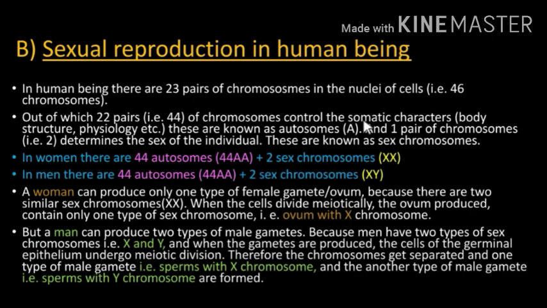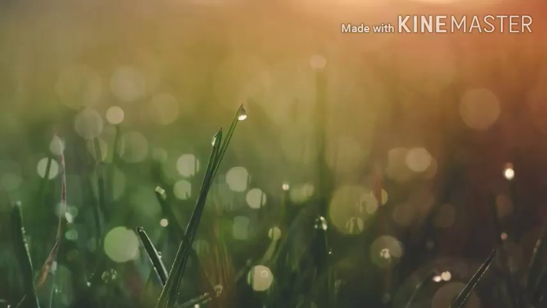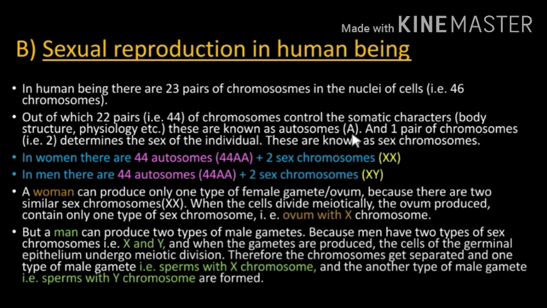These somatic characters are controlled by the 44 chromosomes. These chromosomes which control these somatic characters are called autosomes and are abbreviated with the symbol A.